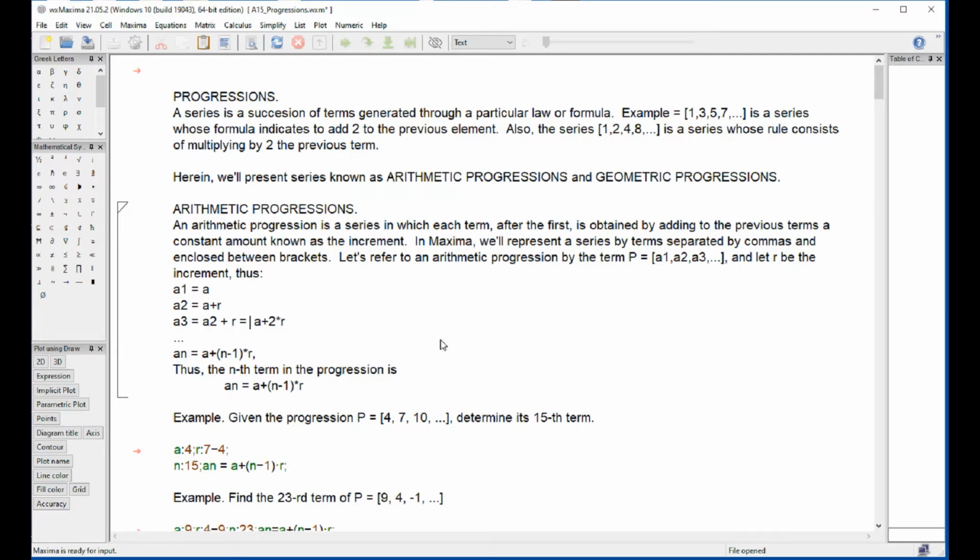But A2 is already equal to A plus R, so this is equal to A plus 2R. In that way, we can get to the nth term, A sub n or an, and if we follow these rules, it will be equal to A plus n minus 1 times R. So the nth term is given by an equals A plus (n minus 1) R.